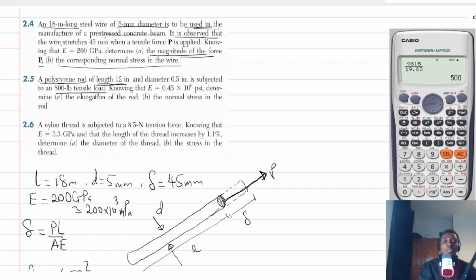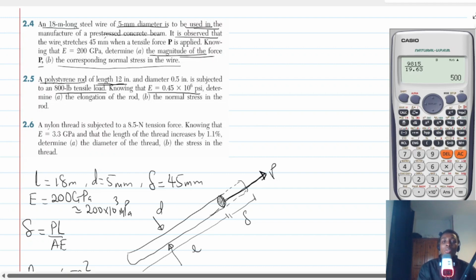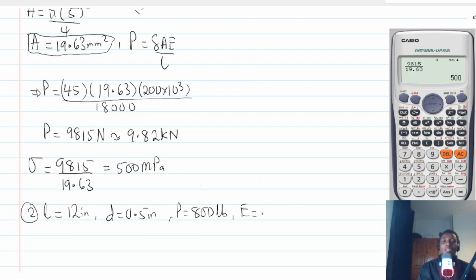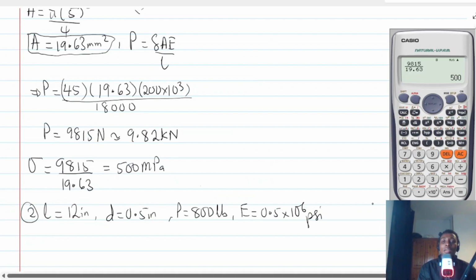So P is 800 pounds, and E is 0.45 times 10 to the power 6 psi.